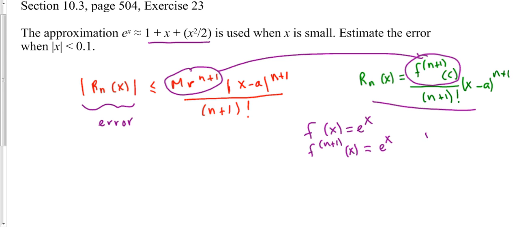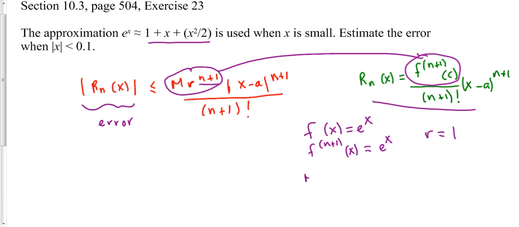The r value is a factor that we would pick up every time we took the derivative. For instance, if f of x was equal to e to the 3x, every time I took the derivative I would pick up a factor of 3. That's why r is raised to the n plus 1. If I took the n plus 1 order derivative, I would have taken the derivative n plus 1 times, and every time I would pick up a factor of 3. Now we just have e to the x, so our r value is equal to 1.